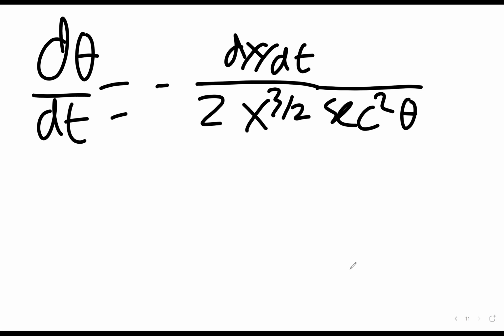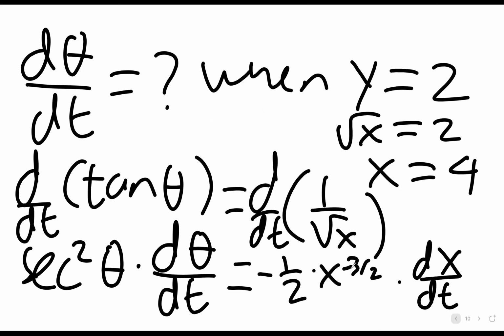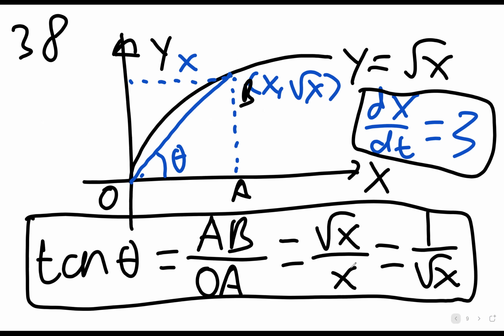Of course, sec² θ is unknown here, so we have to write it in terms of the x variable. Because dx/dt is given, and x has also been obtained, equals 4. Then it remains to find secant θ.